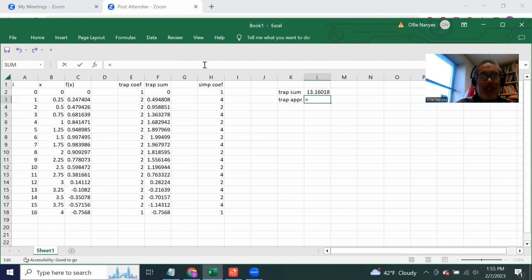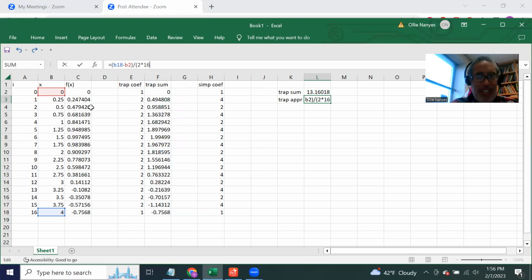Remember, that's going to be B minus A. B is going to be the furthest X value, so in this case B18 minus B2, divided by 2 times the number of subintervals, and we can see there's 16 of them.